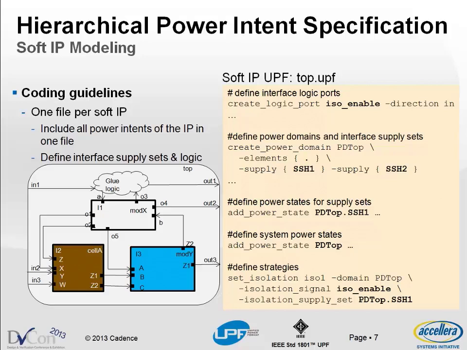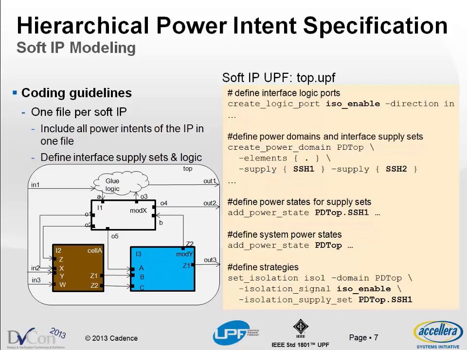Let's focus on the two blocks of the so-called soft IP. One part is the whole design in one power domain. One part is the blue in another power domain. Let's look at the examples of what we can do to create this soft IP power intent. The first part, you define the logic interface. As Eric mentioned, using UPF 2.0, you can define new logical control ports for isolation or state retention.